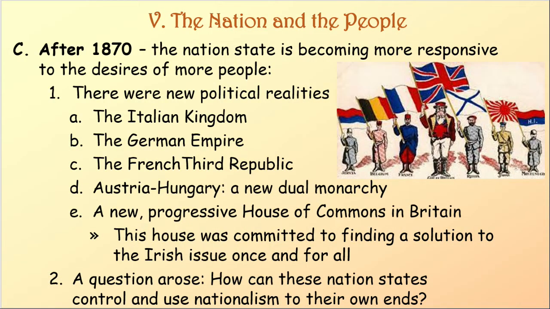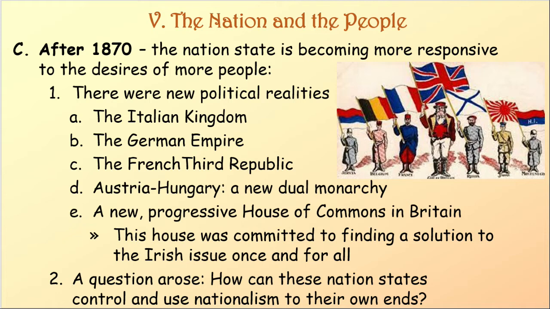But after 1870, the nation state was becoming more responsive to the desires of more people. There were new political realities: the Italian kingdom, the German Empire, the Third Republic of France, Austria-Hungary, a new dual monarchy, and a new progressive House of Commons in Britain.